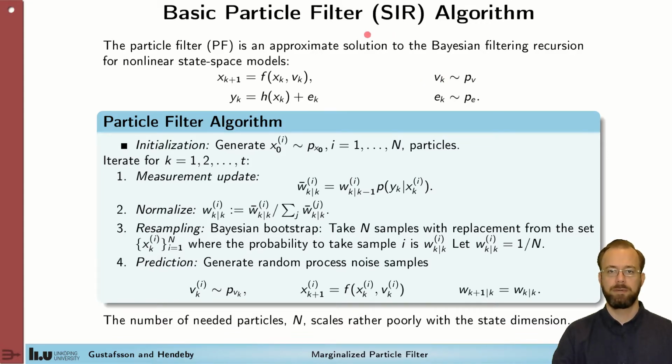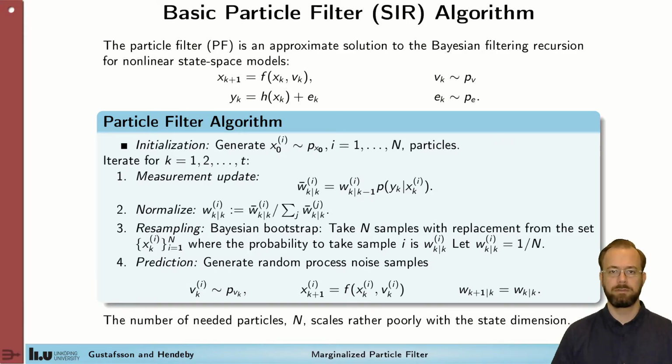So it's a method to do filtering on nonlinear models of this kind here. Any nonlinear model, we don't make any assumptions of the distribution of the noise, so it doesn't have to be Gaussian, for example.